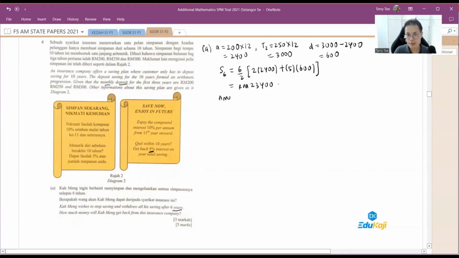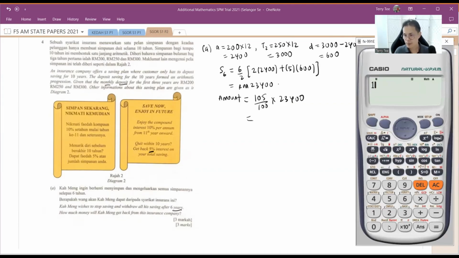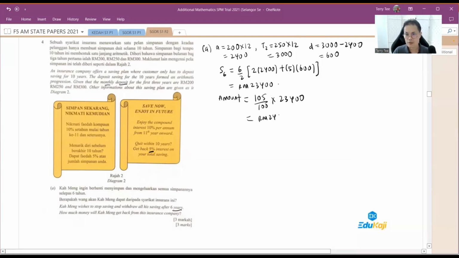The amount he'll get back is 105 over 100 multiplied by 23,400. You can type this as 1.05 times 23,400. So he will get back 24,570 in total. Okay, first part, okay?